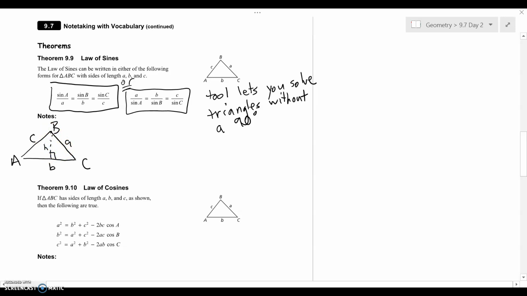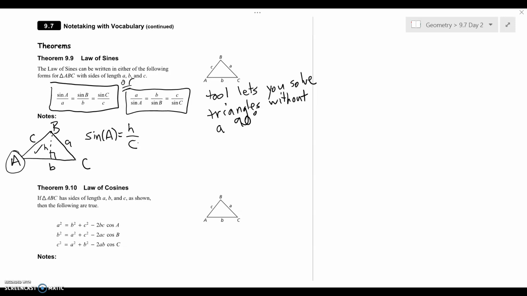And what we're going to do then is actually look at it from each of the angles. So let's start with angle A. If I look at this triangle from the side of angle A, and I just look at this left-hand triangle that I created, sine of A would equal H, that's opposite from sine of A, over C. Again, that's just focusing on that left-hand 90-degree triangle.